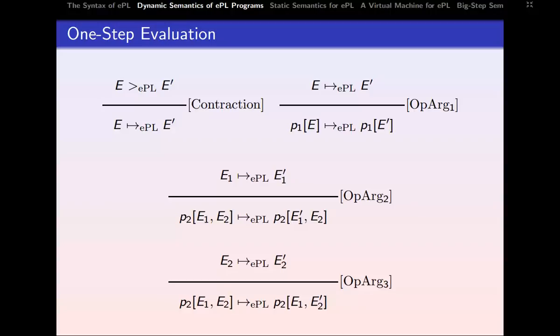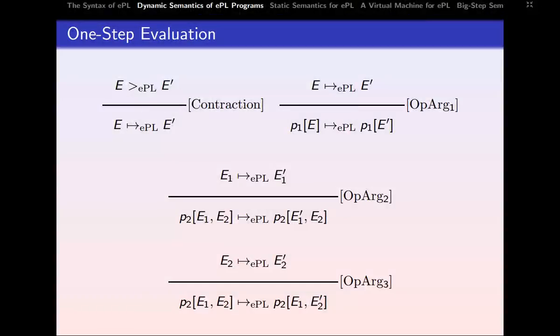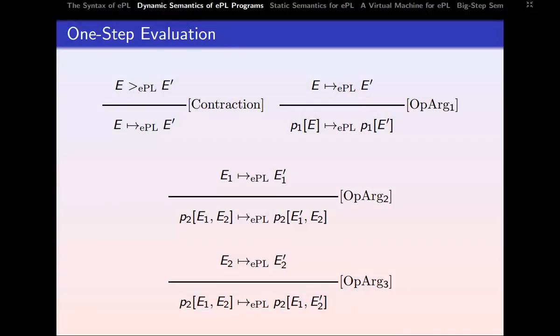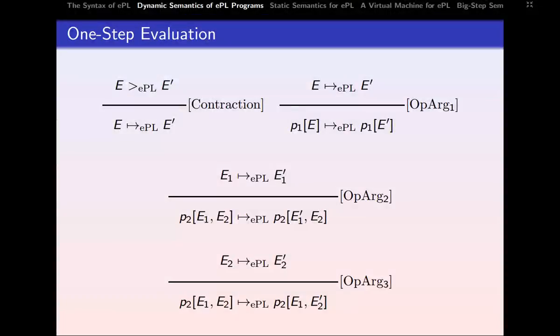But the semantics is only useful to us if it matches our intuition from what we have learned in the past. And we are going to use that intuition to assert the soundness of these steps at each step, right? So if E evaluates to E prime, then P1 E evaluates to P1 E prime.